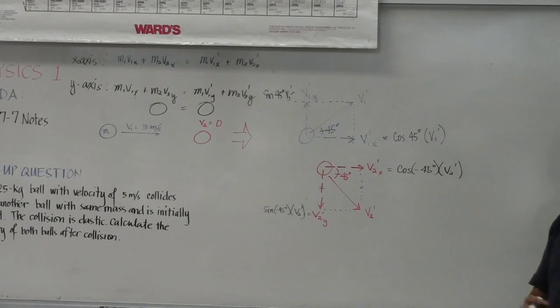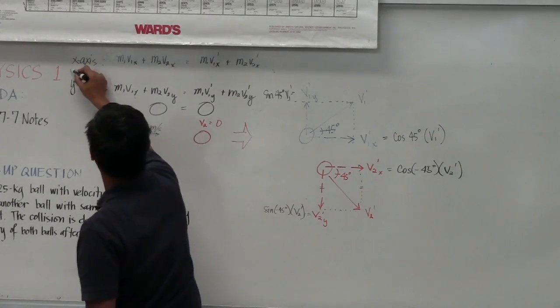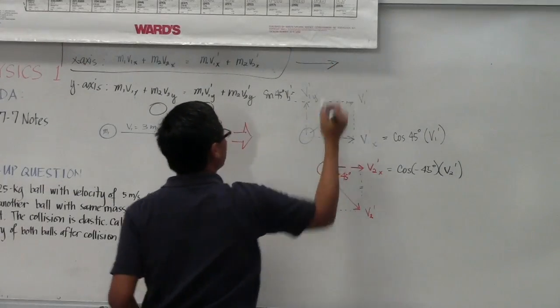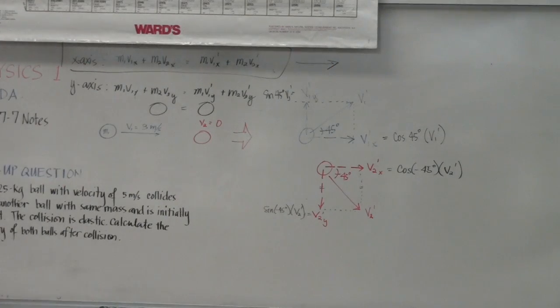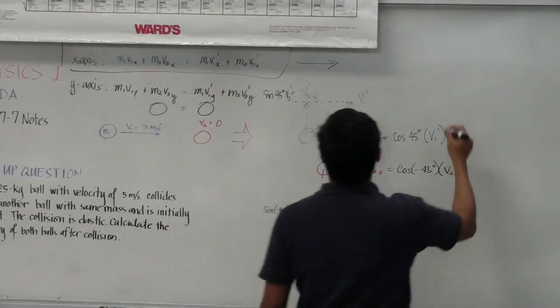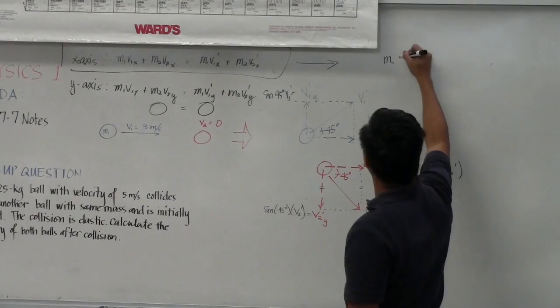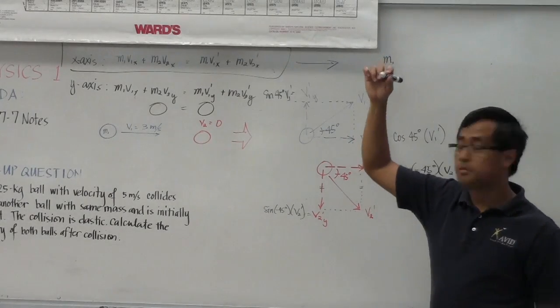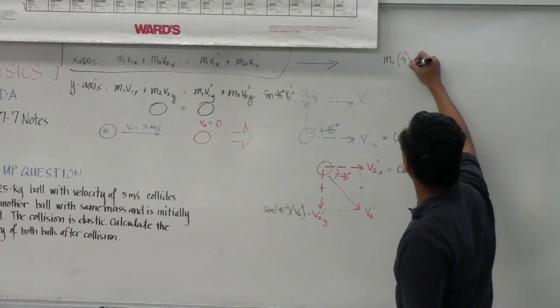And then we're at this point now here. Okay. Let's solve for this part here. Momentum on the x-axis. Okay? M1. How much is V1? 3, right? Times 3.